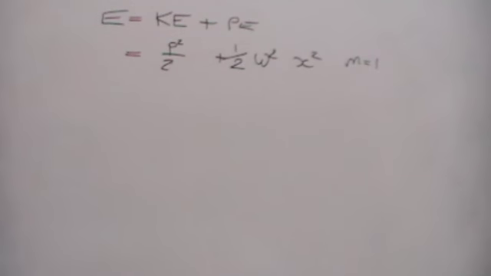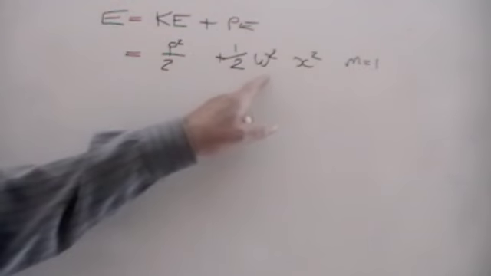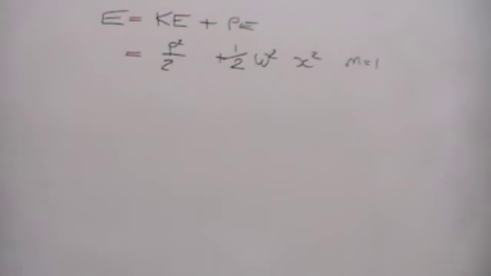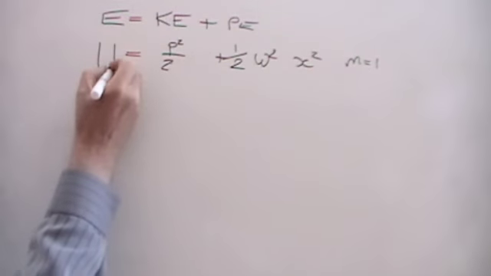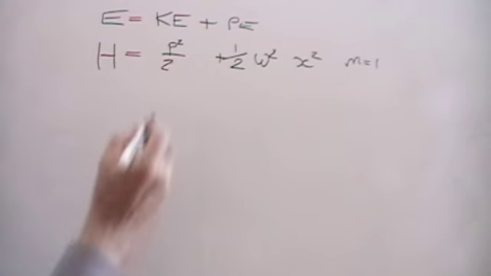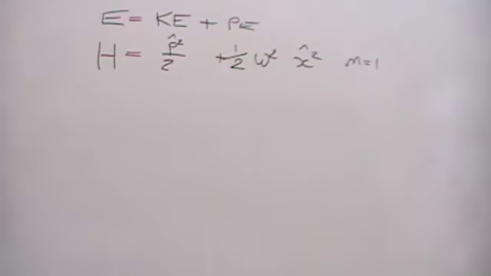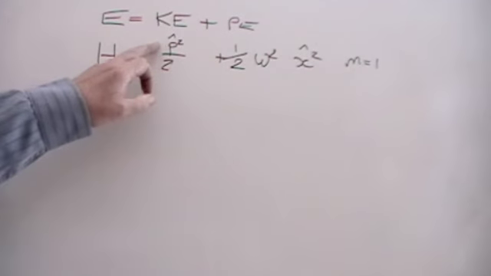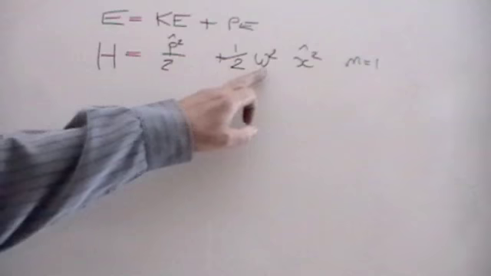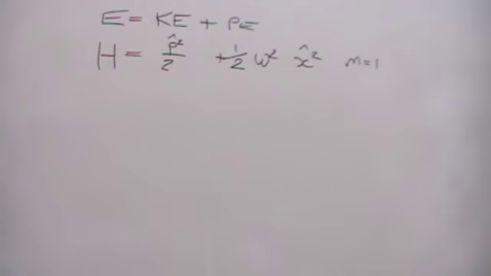So now I've got p squared over 2 plus a half omega squared x squared is energy when m equals 1. But of course I can now write this as the Hamiltonian, because the Hamiltonian is energy. The only difference is that the p and the x now become operators. So I've got p operator squared over 2, and here I've got half omega squared x operator squared.